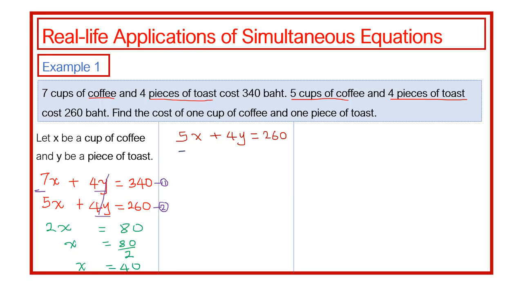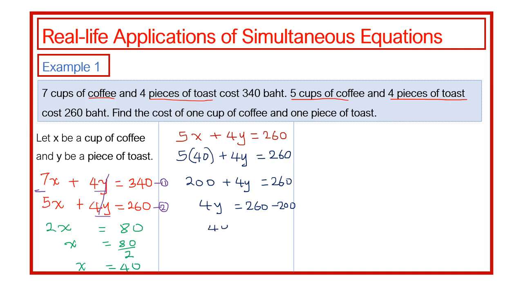So we have 5 times 40 plus 4y equals 260. So that is 200 plus 4y equals 260. So 4y equals 260 minus 200.